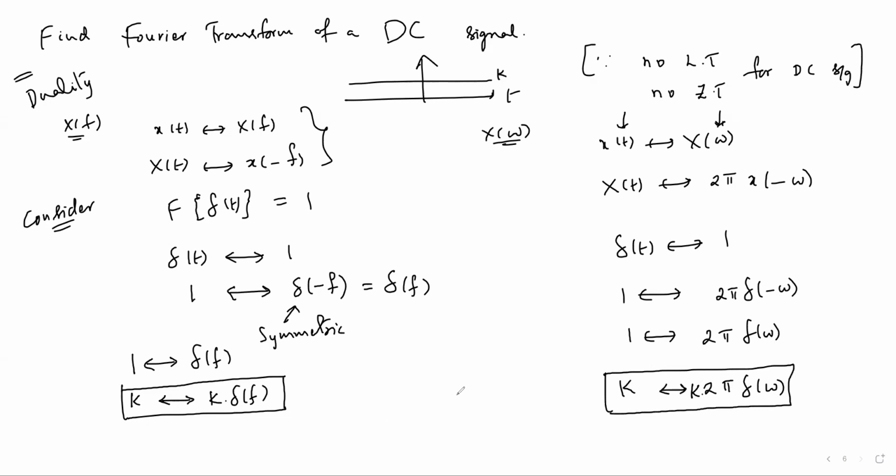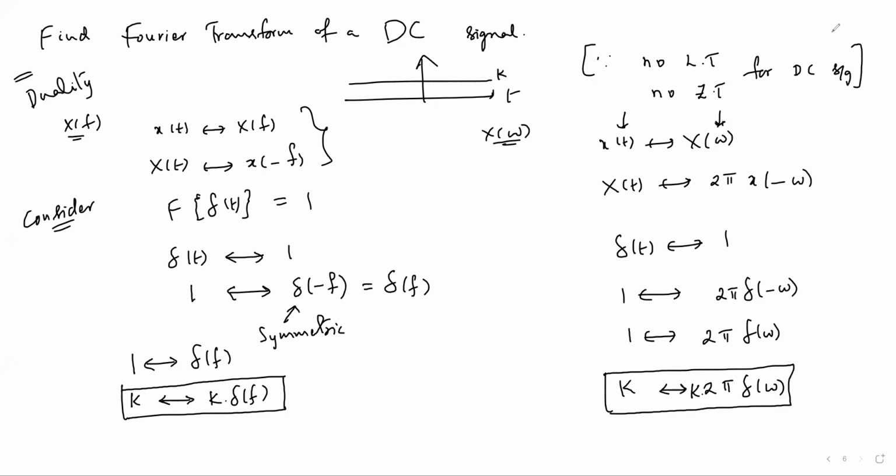With this, we can find the Fourier transform of the unit step function. I think all of you noted this. Try to note it down. Let's go to the next phase. Let us find the Fourier transform of the unit step function now with the help of the Fourier transform of the signum function and this DC function.